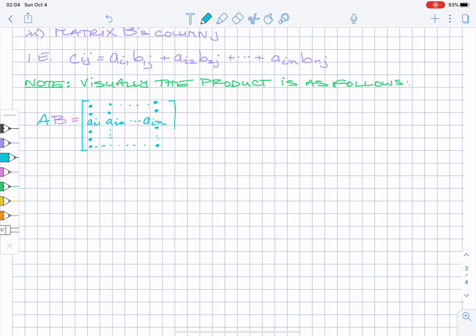So we've got a whole bunch of entries in a rectangular array. And then B is another matrix, but this time we go to B sub 1j, B sub 2j, B sub nj. So it's always column j, but the rows count 1 through n. And we'll have a whole bunch of other entries.